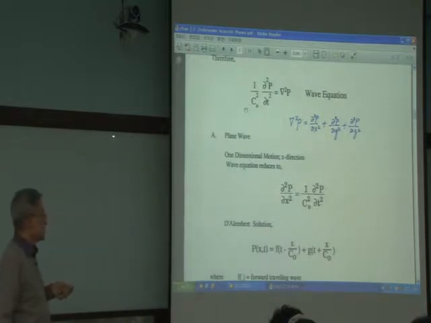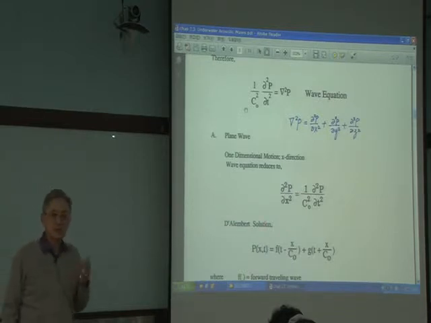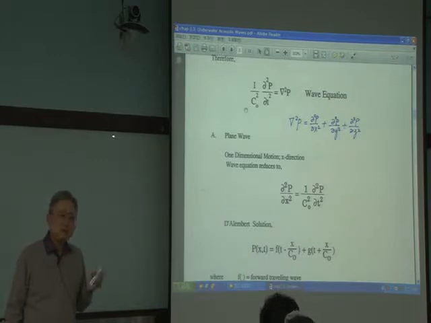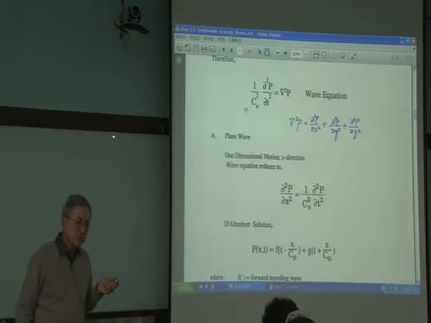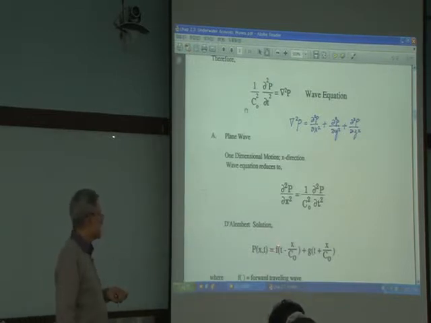So here is x-directional motion, and the well-known D'Alembert solution, which we just pronounce in Korea as D'Alembert, but it's all the same. General solution. What does it mean that this is a general solution? It means f and g are arbitrary functions, okay?